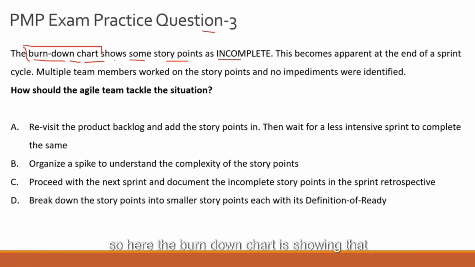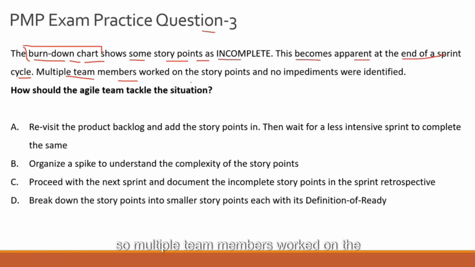Okay, so here the burn down chart is showing that some story points are incomplete. Now this becomes apparent at the end of a sprint cycle. The sprint cycle has ended, and of course it has been found that the story points which were supposed to be completed in that sprint are not completed. Let's say there are multiple story points, and it is something of concern to the project manager.